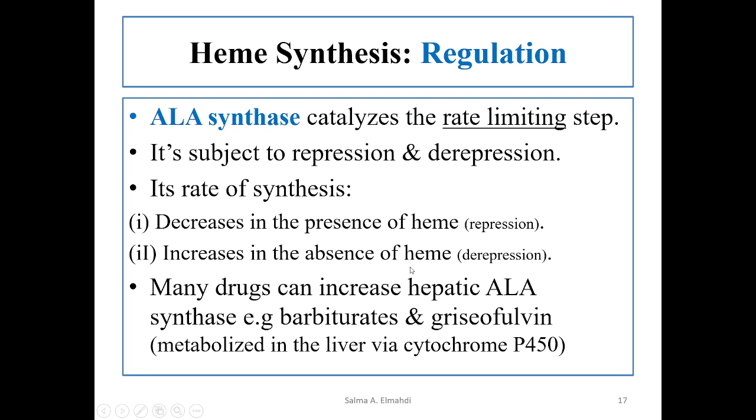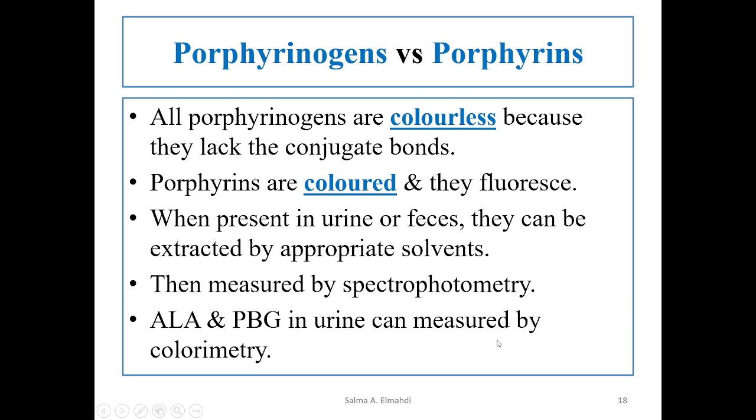In the absence of heme, the rate of synthesis of ALA synthase increases, which is de-repression, or relieving the repression. Many drugs can increase the rate of hepatic ALA synthase, such as barbiturates and the antifungal griseofulvin.